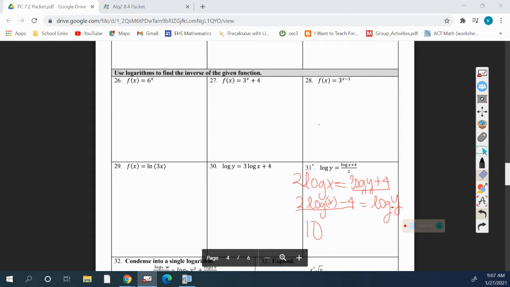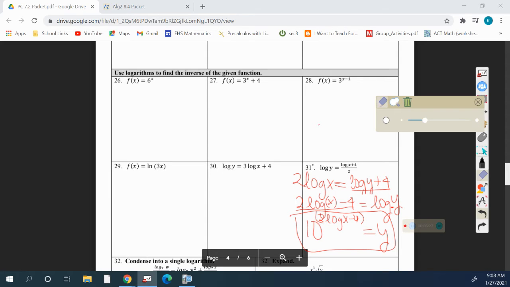This whole thing, right? That whole thing's the power. What does it equal? The y. So that's my final answer. That is the inverse.